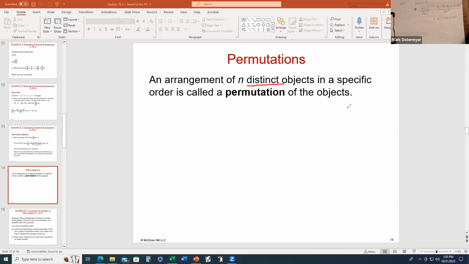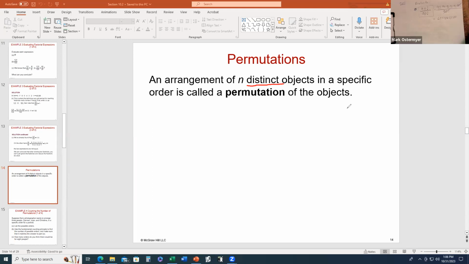Distinct means what? Well, let me give you a hint. You are distinct from me, and I am distinct from you. What does that mean? We're not the same. Do you agree? Distinct objects means they're all unique objects. They're not the same objects, okay?